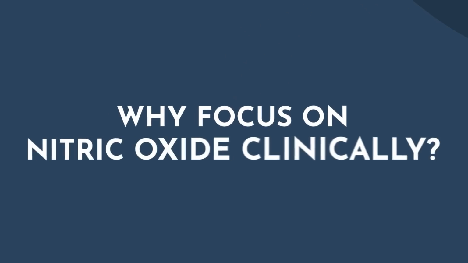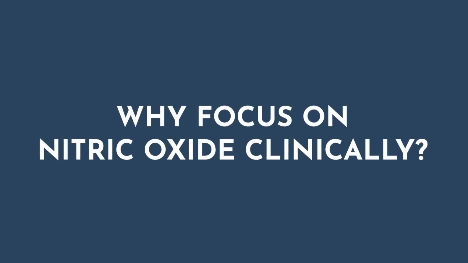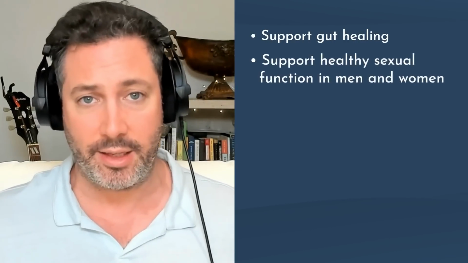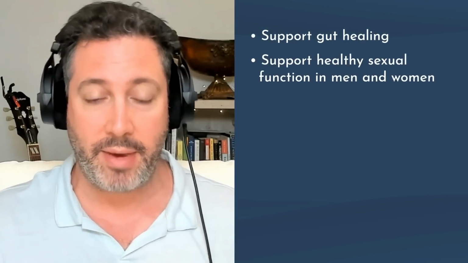And definitely we need to empower this other pathway much more at some point in their lives. And why we're really focused on nitric oxide production from a clinical perspective is because it's implicated in so many aspects of health. As I mentioned before, it is preventive for and improves all these clinical conditions, but also supports gut healing, supports sexual function in men and women.